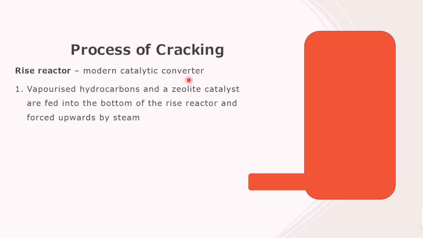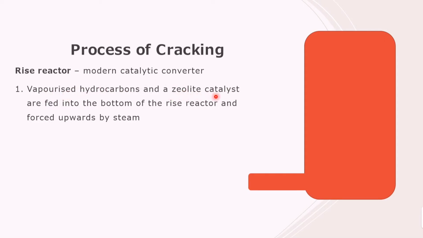The first step in this is when our vaporized hydrocarbons, so in the gaseous state, and our zeolite catalyst, which is a solid catalyst, are fed into the bottom of the riser reactor and are forced upwards by steam. So we now can tell that we have our reactants in their gaseous form and we have our catalyst in its solid form.